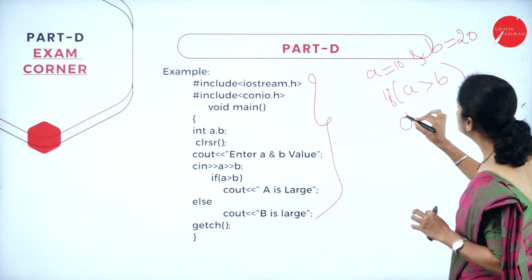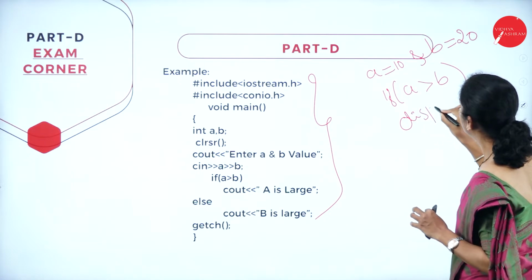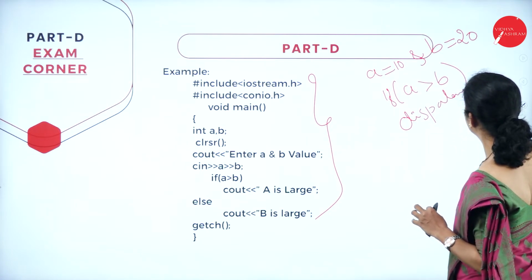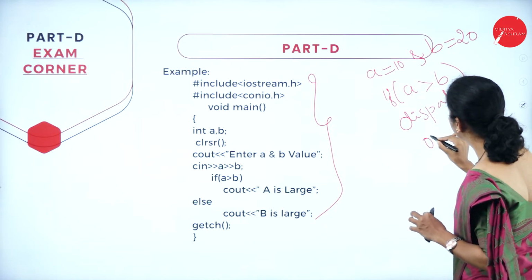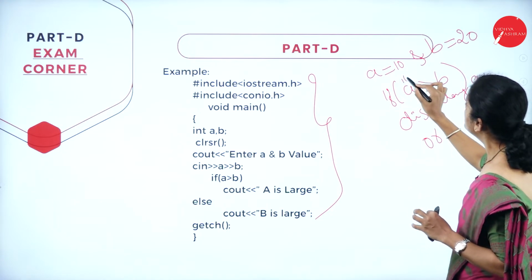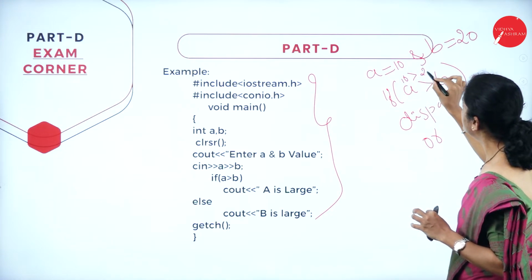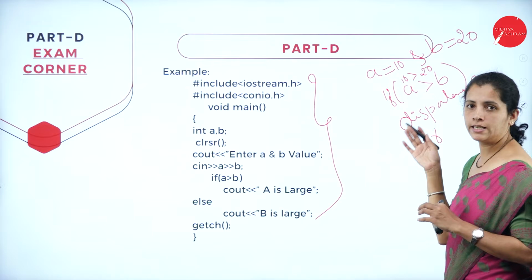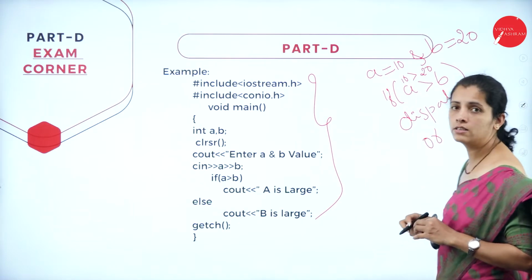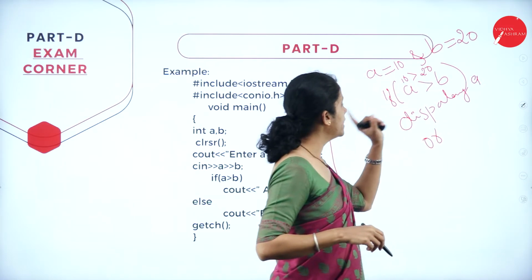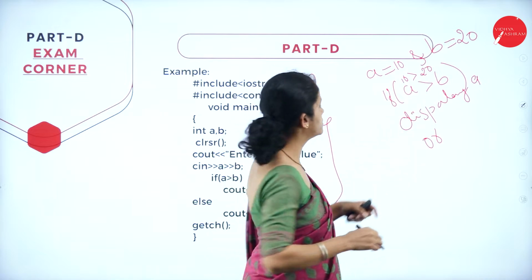I want to display that 10 is greater than 20. If this condition is true, first statement. If this condition is false, according to this example, this condition is false.